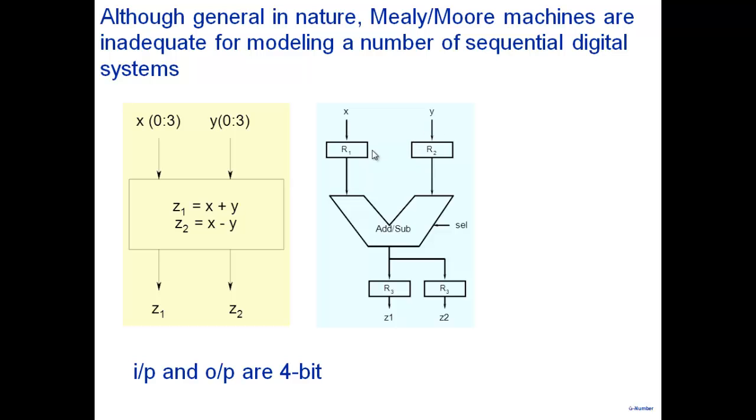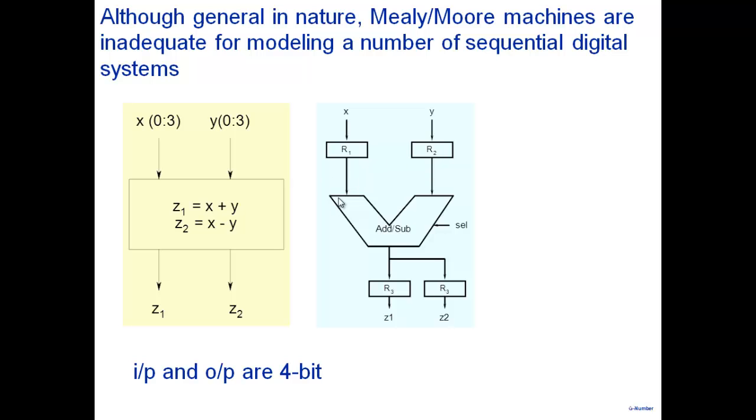If we look at these 4 storage elements, each one of them has 4 flip-flops, so you have 16 of them, and the number of possible states is huge. Each of those 4 bits can be anything from 0000 to 1111, and similarly for this one, and so on and so forth. So the possible number of states of this particular system is very large.